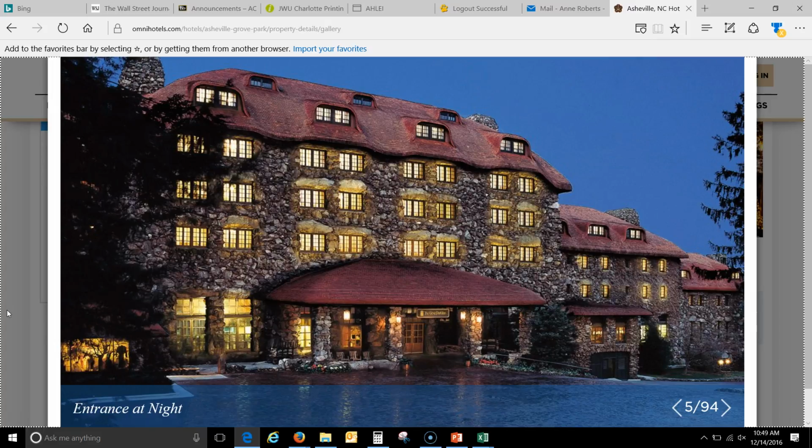We've been going here for 25 years, and up until not quite 5 years ago, the Omni bought them out. Up until the point where they sold, they were privately owned. Been in business for many, many years. Again, this was built in like 1910.